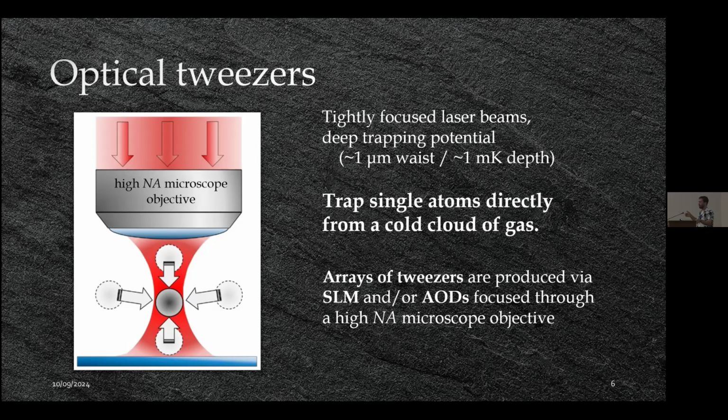For such a purpose, before the high numerical aperture objective, we want to create an array of tweezers. This is made through two main techniques, and we're going to exploit both. One is the SLM, the spatial light modulator. It's practically a device to create such an array through holographic techniques. And the other one is the AOD, the acousto-optical deflectors.